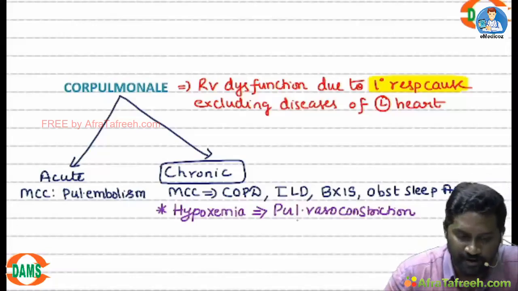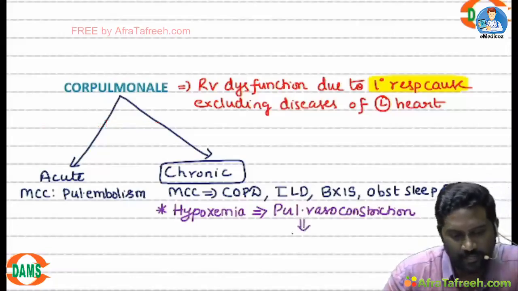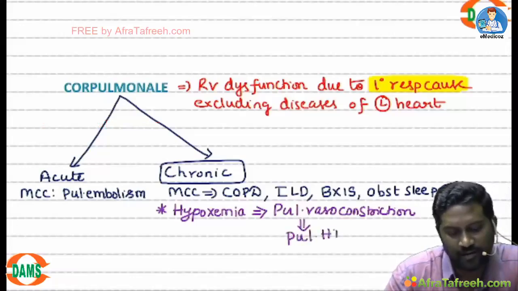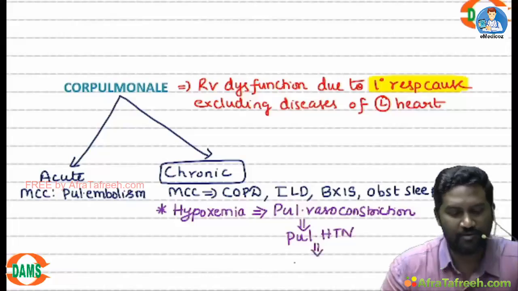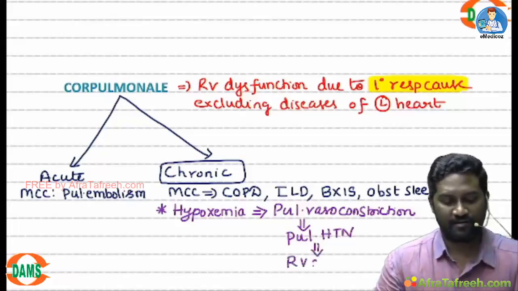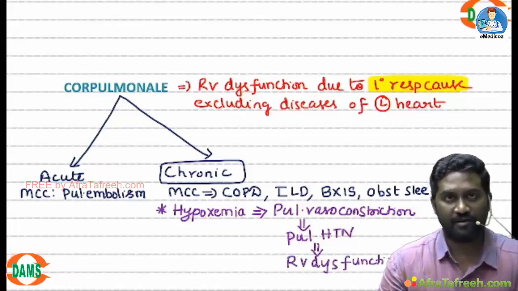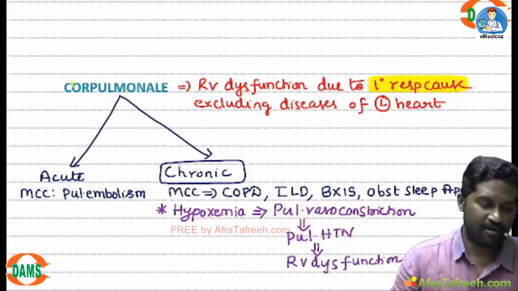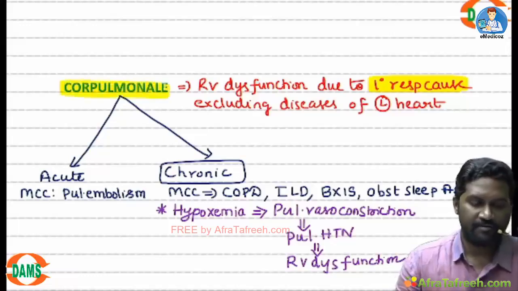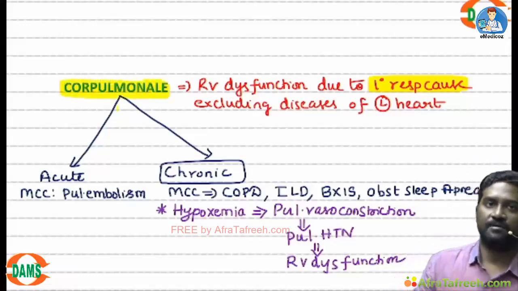Because of pulmonary vasoconstriction, there will be pulmonary hypertension, and my right ventricle cannot tolerate such high pressures for long. It will result in right ventricular dysfunction, which is called cor pulmonale. So this is the mechanism, students.